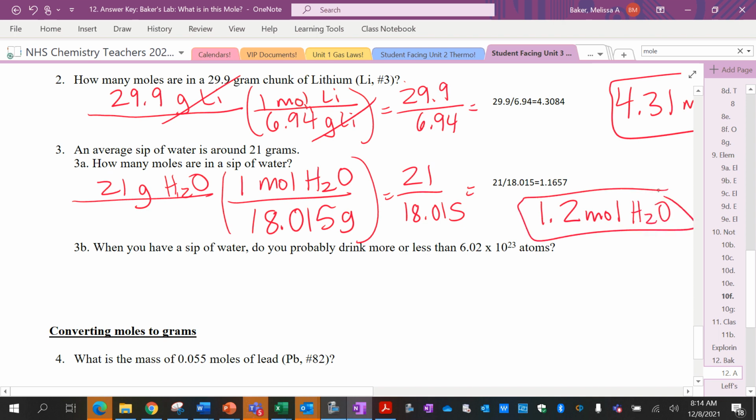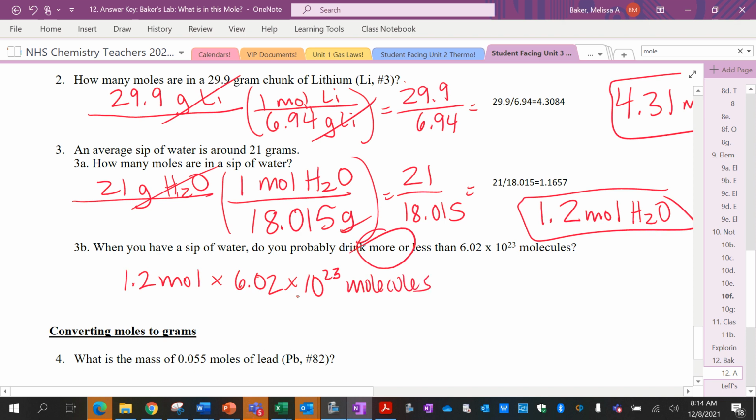When you have a sip of water, do you probably drink more or less than 6.02 times 10 to the 23rd molecules? You definitely drink more. 1.2 moles times 6.02 times 10 to the 23rd molecules in 1 mole.